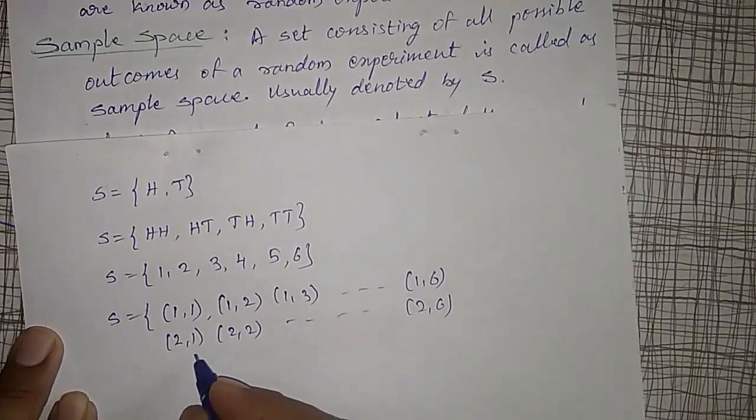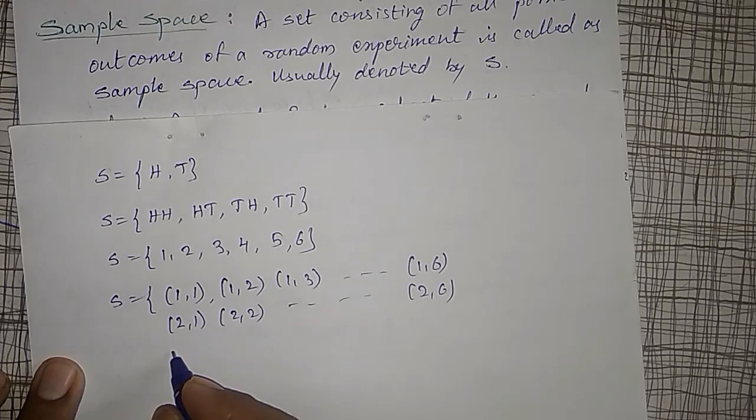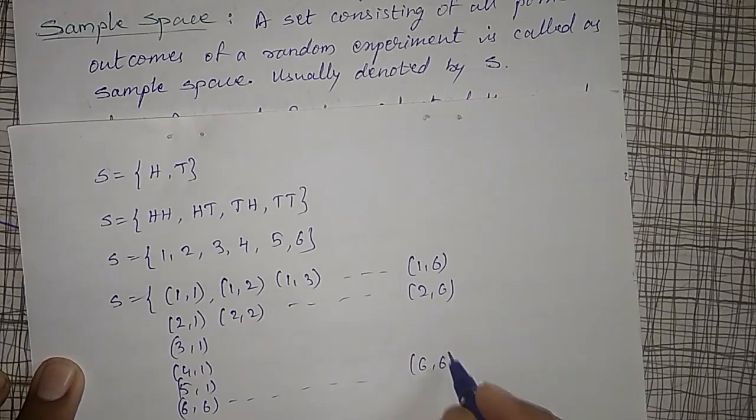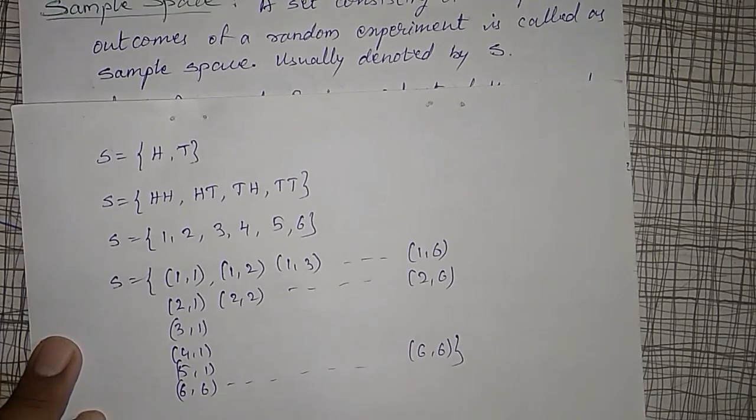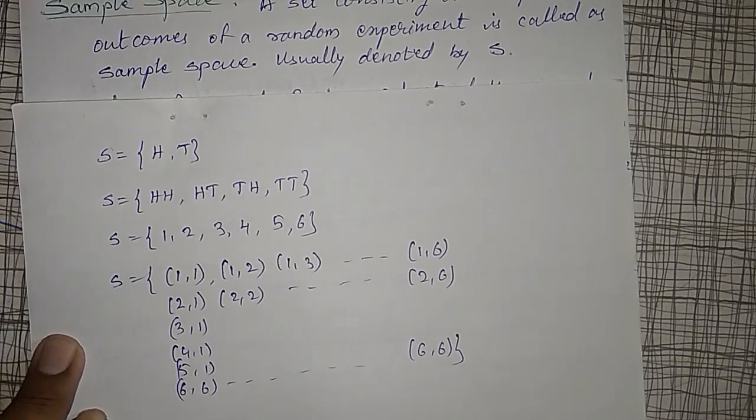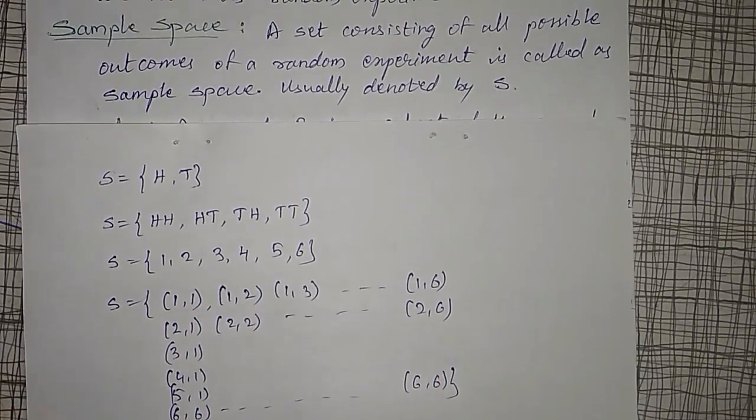Similarly 3, 1, 4, 1, 5, 1, 6, 1, like that up to 6, 6. Total 36 outcomes you may get. This set together is known as a sample space.